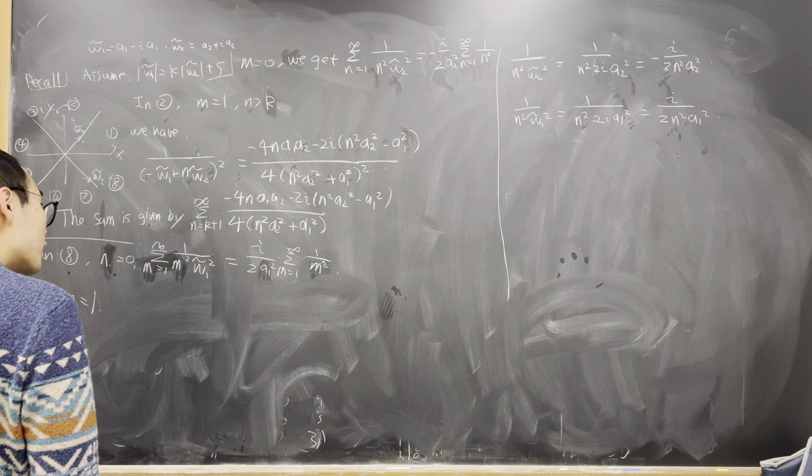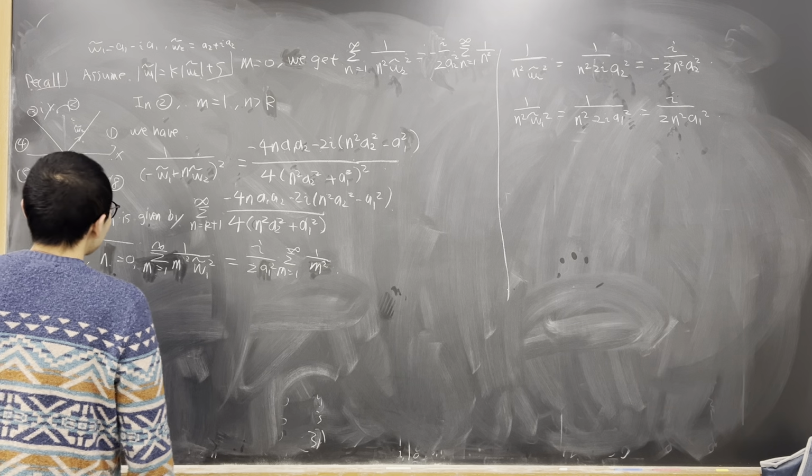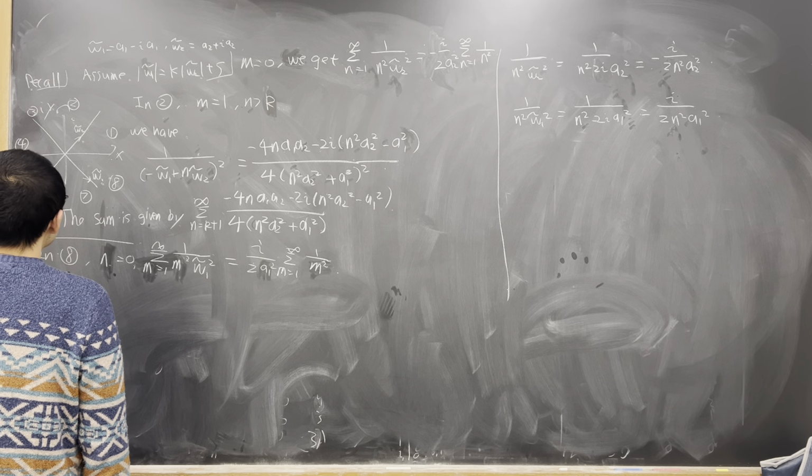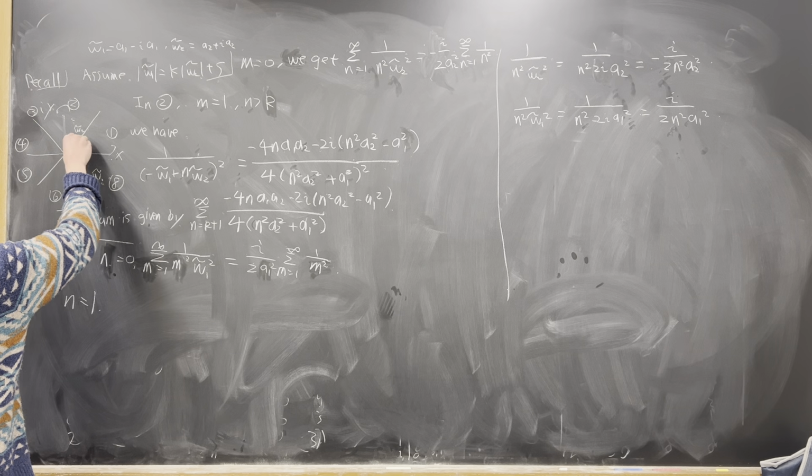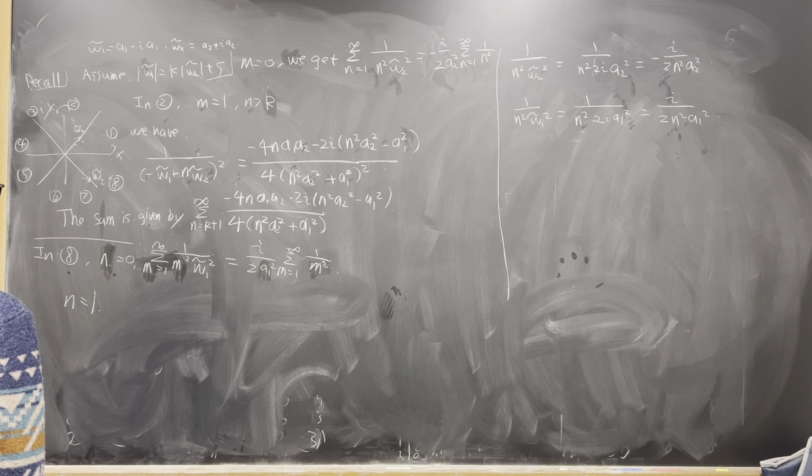Okay, so when n equal to 1, what do I have? Oh, okay. Yeah, I'm having the triangle here.